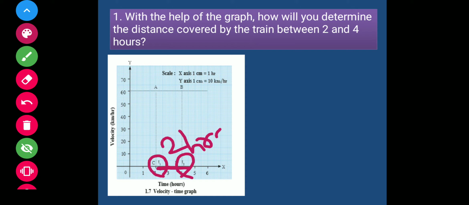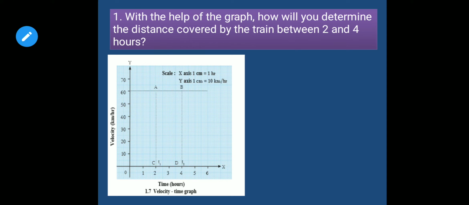In these 2 hours, how much distance is covered by the train? Let's solve this. We know that velocity is 60 km per hour and time is 2 hours.